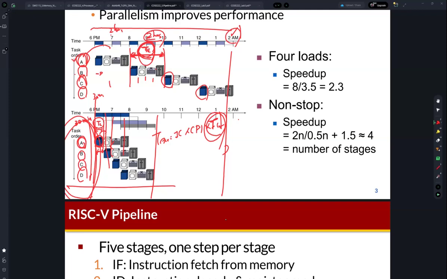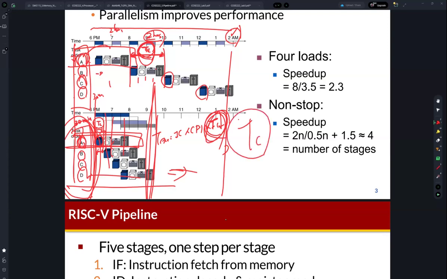If there is only a single task, we cannot apply the pipeline design, because the execution time of a single task is the same. But if there are multiple tasks, in this example 4 tasks, then we can benefit from pipelining design, right? We can reduce the total execution time. Then we can reduce the TC also.